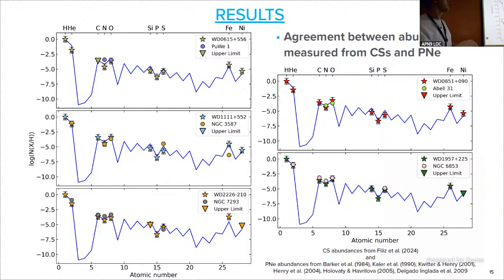For one object we have a slight disagreement with the iron abundance, and here a slight disagreement with the sulfur. But in general, we have a very good agreement between the abundances from the planetary nebula and the central star.